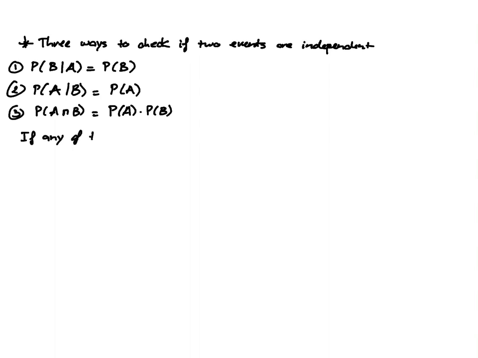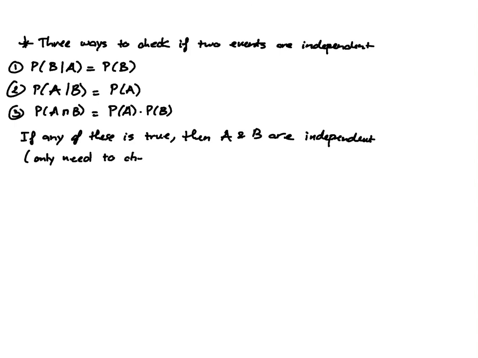The idea is if any of these is true, then A and B are independent. And in practice, you only need to check one. Right? That means that you only need to check one of the three, not all three.